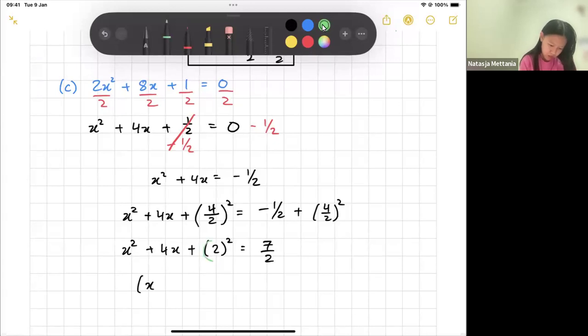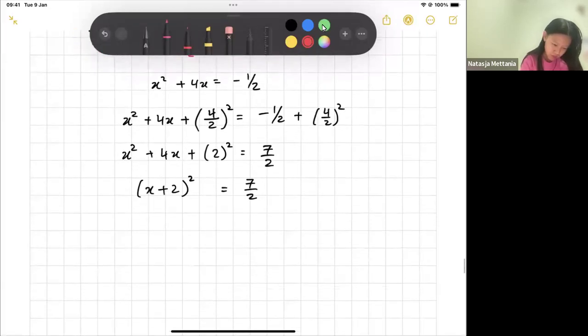Now this is where I factorize. x, this is a positive 2, so I'm going to add a plus 2 here, whole squared equal to 7/2. And from now on, what I'm doing is just solving it, getting rid of the squared. The opposite of that is square root.